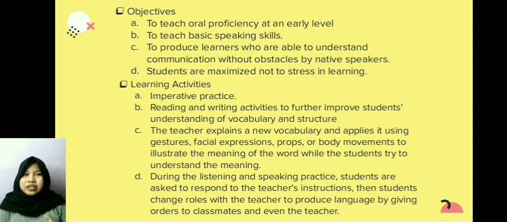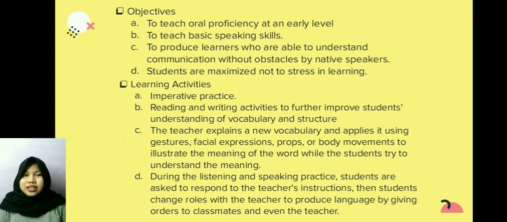And then the type of activity in this method begins with the teacher preparing various materials to be taught to students. Afterward, the teacher explains new vocabulary and applies it using gestures, facial expressions, props, or body movements to illustrate the meaning of the word while the students try to understand the meaning.